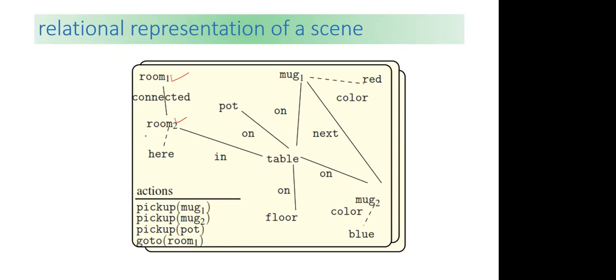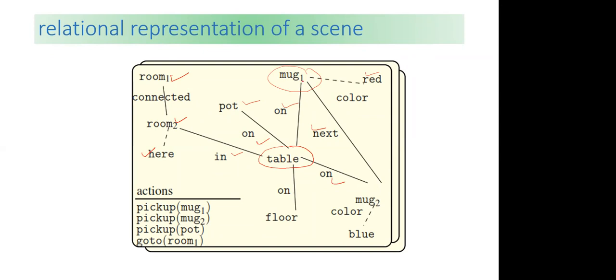In room 2, we have an object, the table. On the table we have a mug, and the mug has the property of red color. In room 2 we also have a pot, with relations such as in, on, and next to.